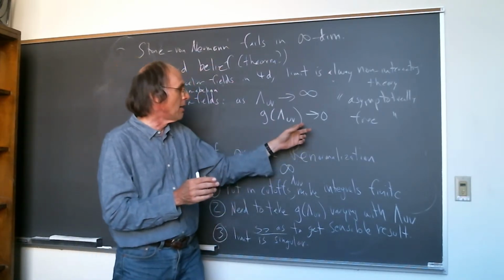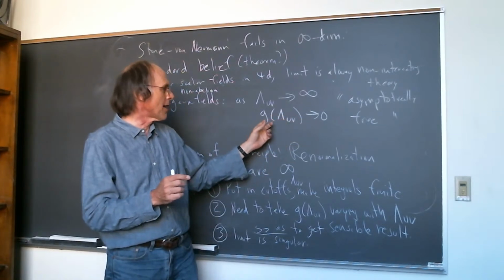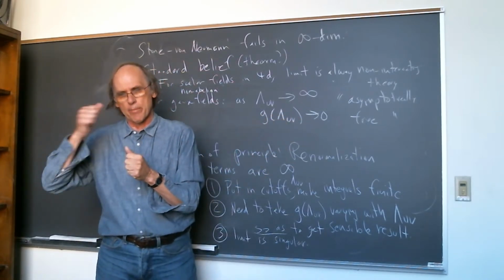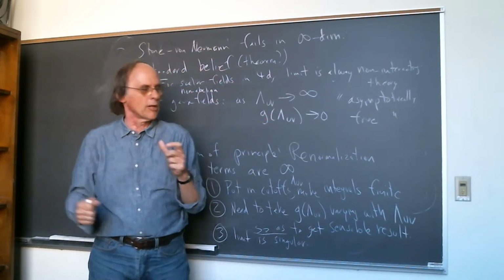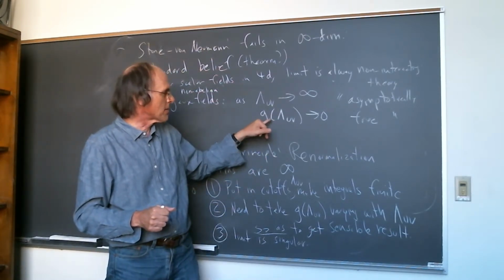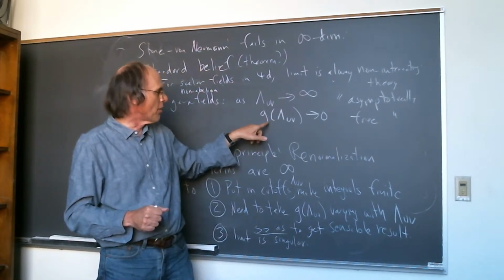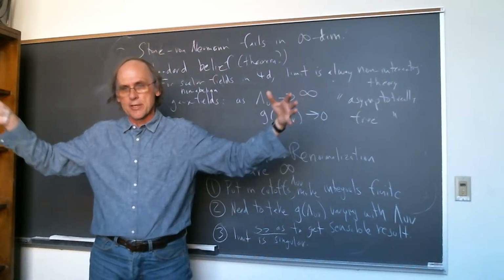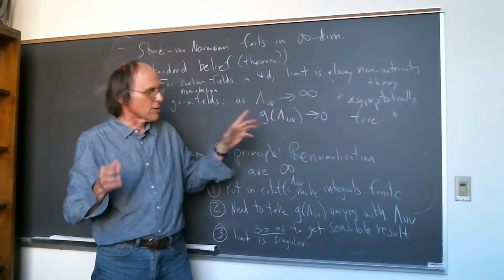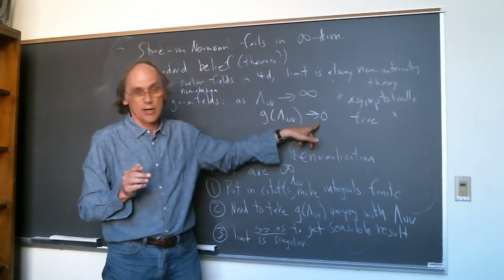You don't have the problem of having to crank up the interaction more and more to get something non-trivial. You have the opposite problem: in order to get something non-trivial at long distances, you have to take the short distance coupling down to 0.